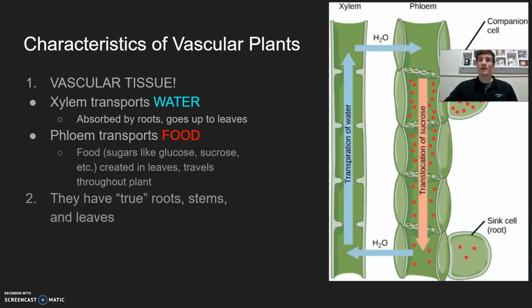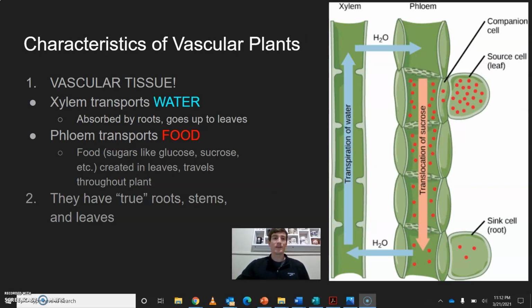So out of our major characteristics to think about whenever we're looking at vascular plants, the first one should be pretty obvious. They have vascular tissue. And if you remember back to one of the previous sections of notes, vascular tissue comes in two different forms.